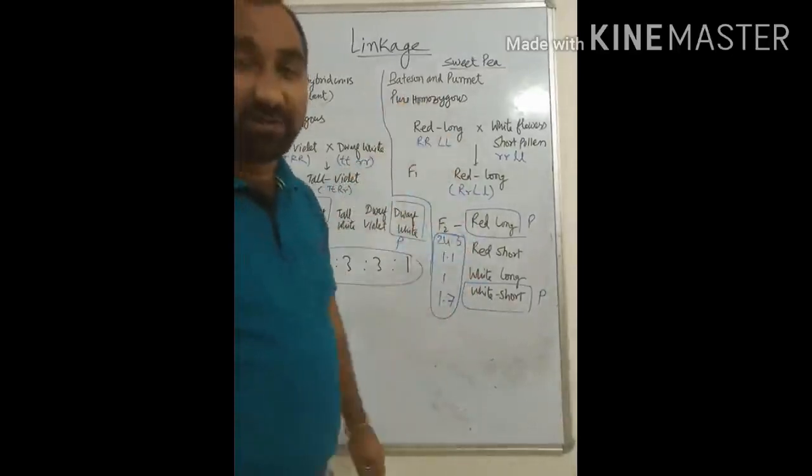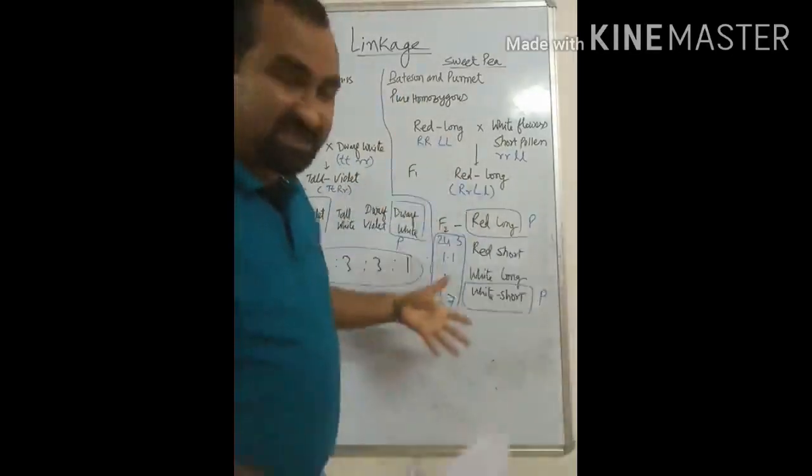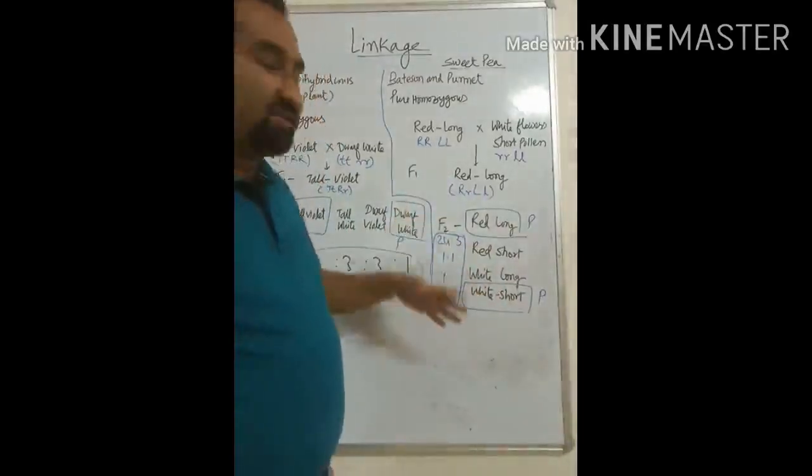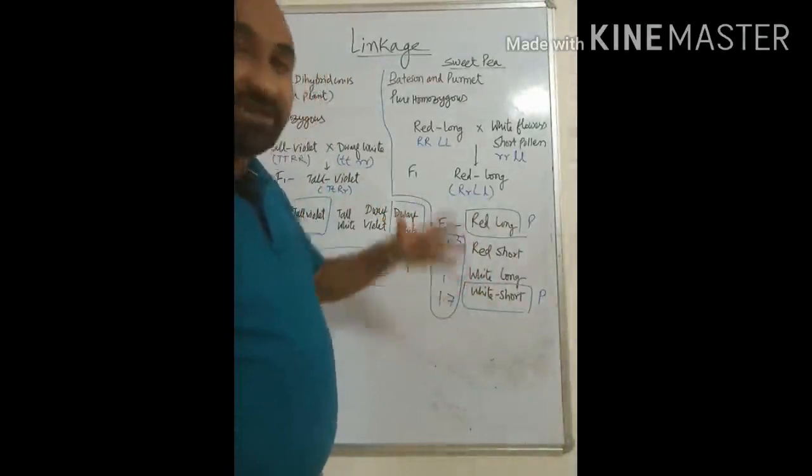Whenever the statistical analysis was carried out for the authenticity or the acceptance of this test made by Bateson and Punnett, whether these results can be accepted or not, the chi-square value was sufficiently higher than the table value.